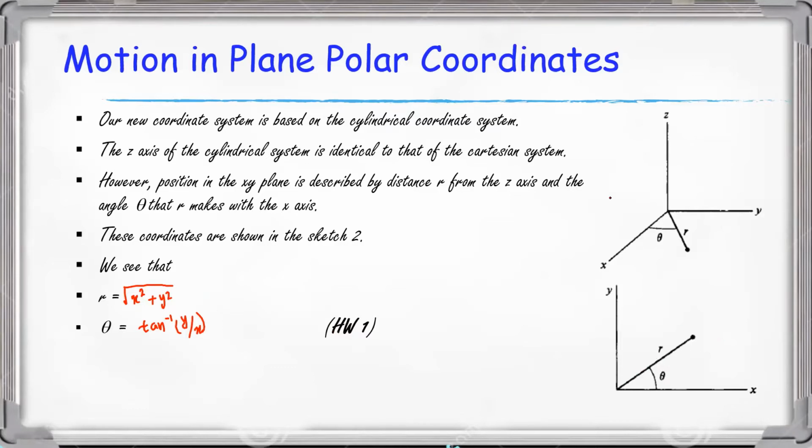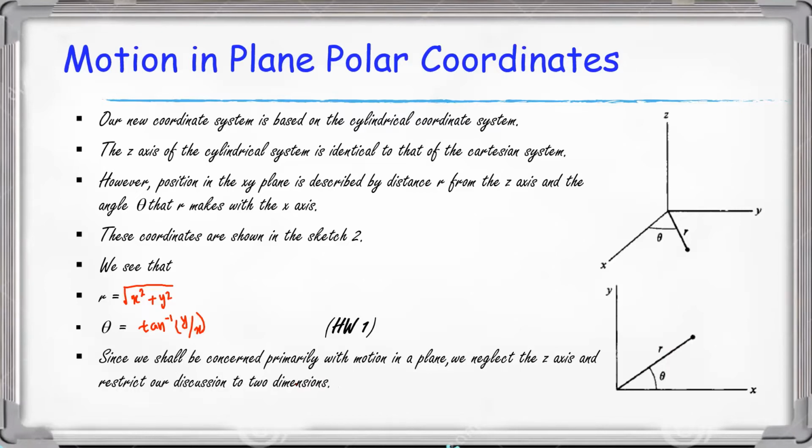The hint is: first you should find the components of r in the x and y directions, and from that expression we have to find the value of r and theta. And here we consider only planar motion. We neglect the z-axis and restrict our discussion to 2 dimensions.